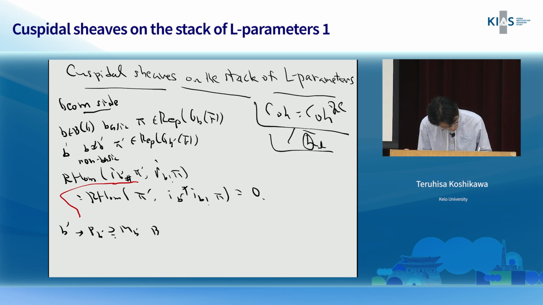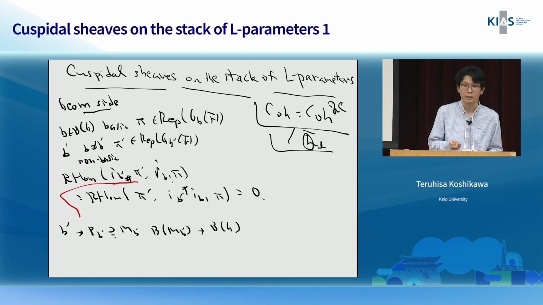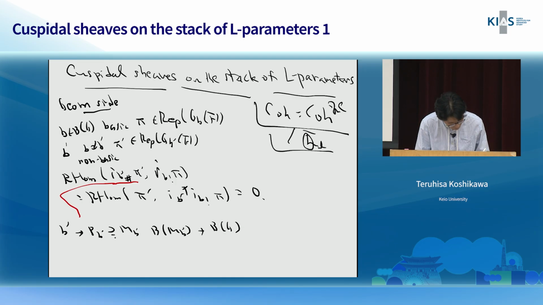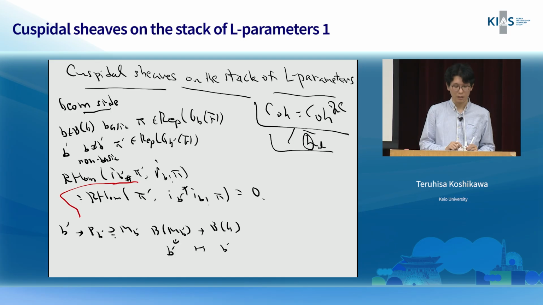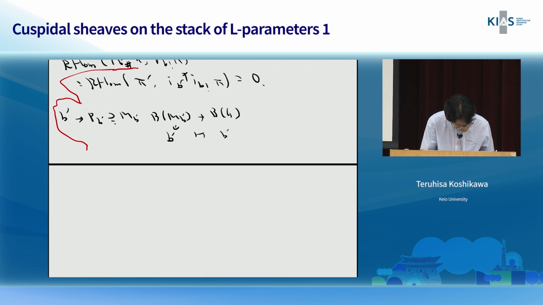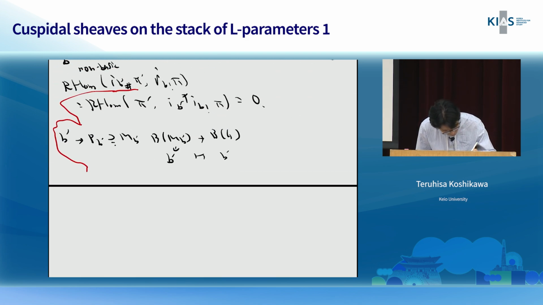And then this element b prime lifts to a basic point of Bun_M prime. I'll just use the same notation. And then this one can be written as an Eisenstein series of P_b prime applied to I_b prime pi prime.